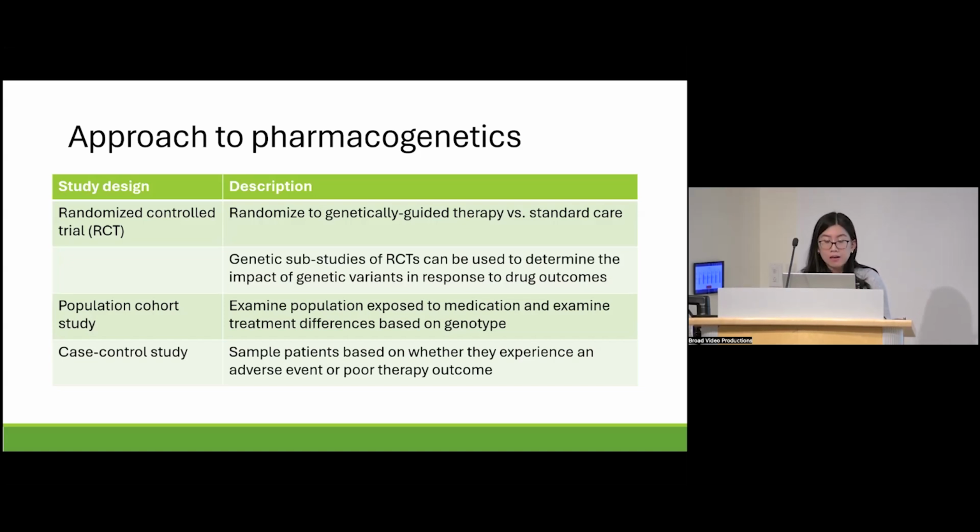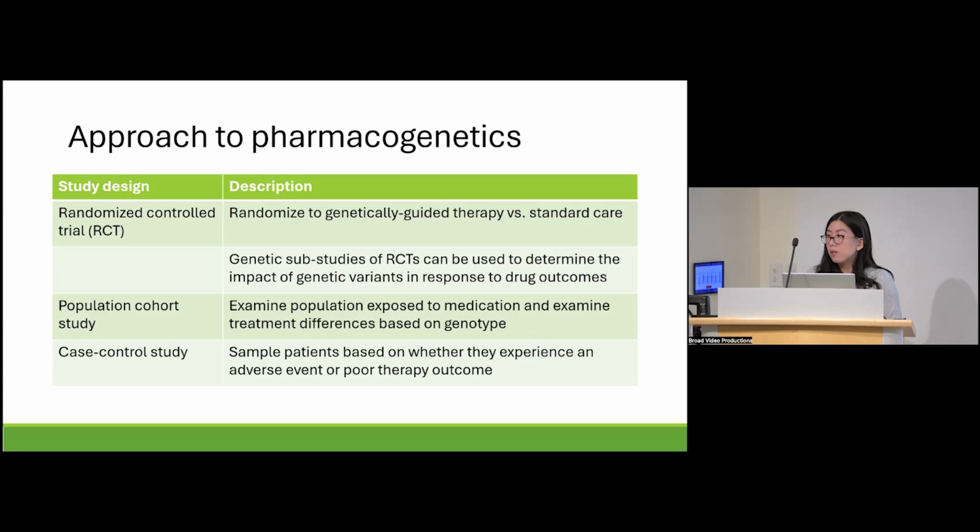What has been done in many areas is the use of pre-existing clinical trials that have collected samples to do genotyping, using those well-phenotyped studies to help understand the impact of genetic variants in response to these drug outcomes that have already been measured in these RCTs. I'll also provide some examples of that as well.